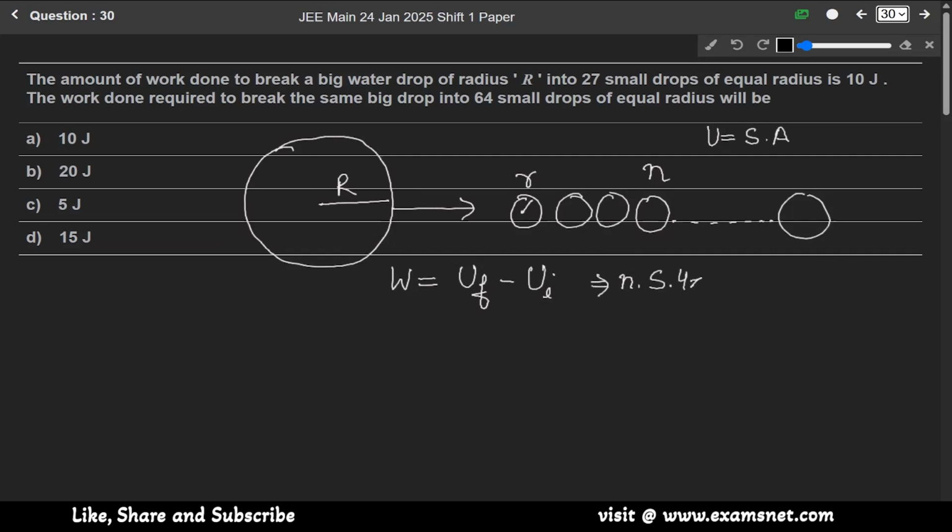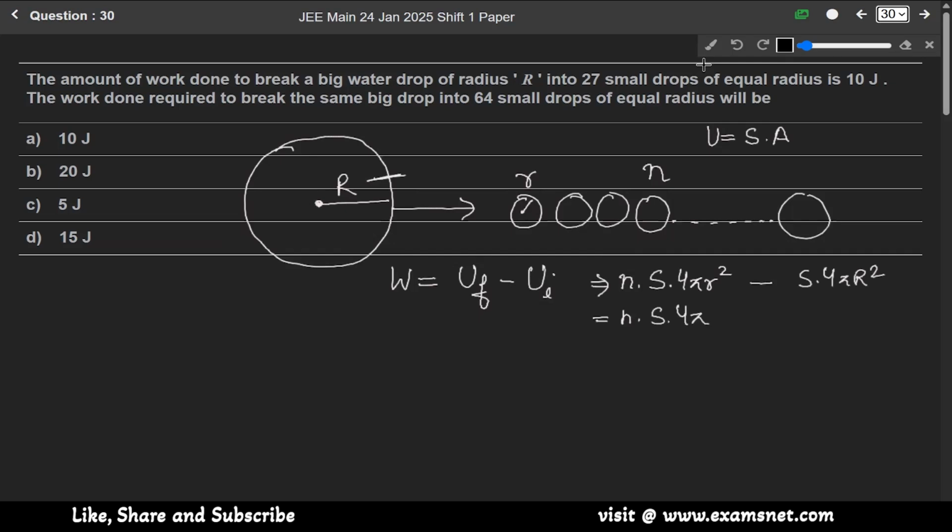Area is 4 pi r square, minus the initial potential energy. It will be S into 4 pi capital R square, since capital R is the radius of the big drop. So it will be equal to N into S into 4 pi small r square.